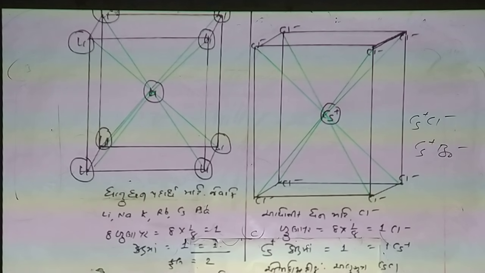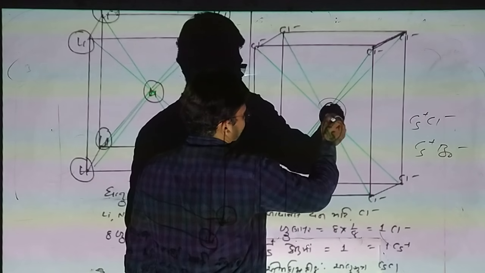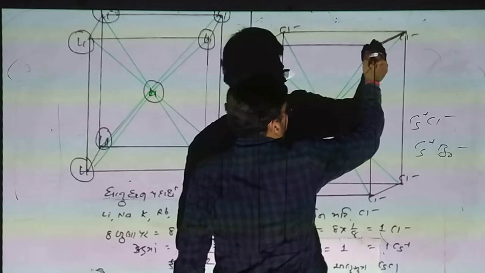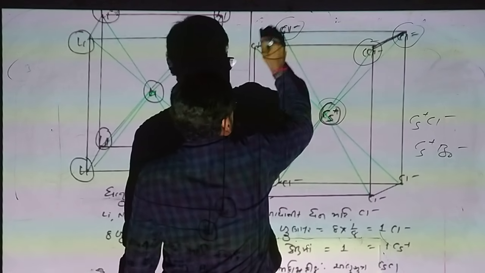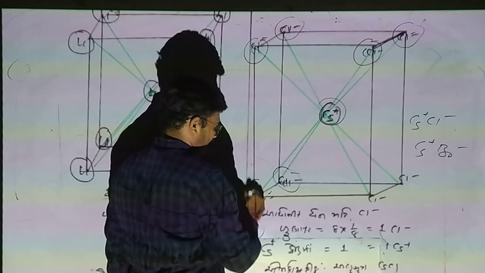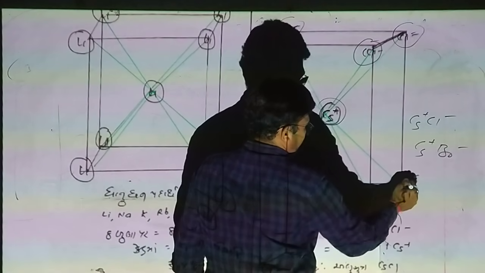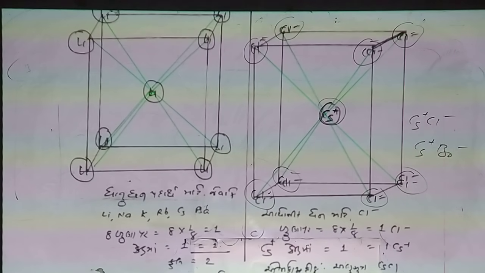In this case, cesium is lying in the center of the cube and chloride ions are at the corners of the cube.